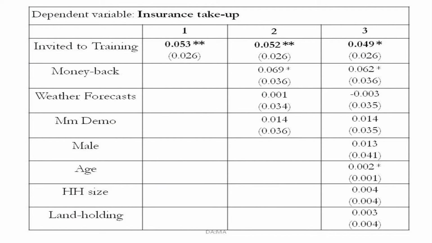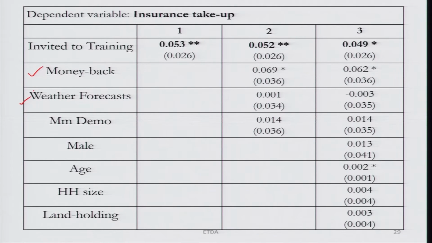In the next columns, in column 2, you also introduce the 3 other marketing treatments: money back offer, weather forecast and demo. And what you find here is that there is not much of a difference in the invited to training coefficient when you include these other covariates or other treatments, and this is exactly what you would expect. Why?